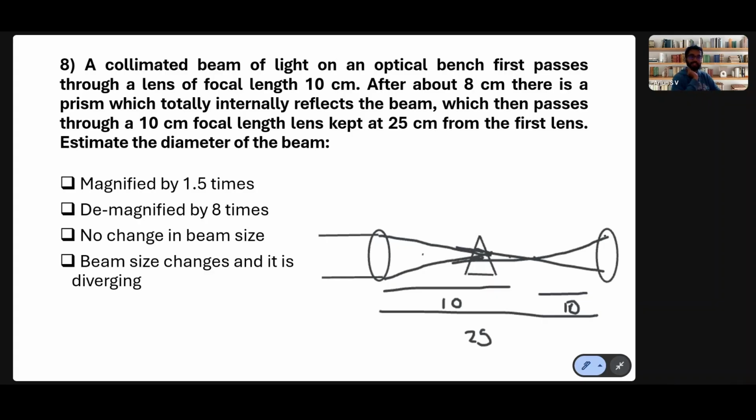Once it passes through the lens, it gets collimated and passes through parallelly. So we have to find the ratio of the diameter of 1 to the diameter of 2. That's the whole concept of this problem.